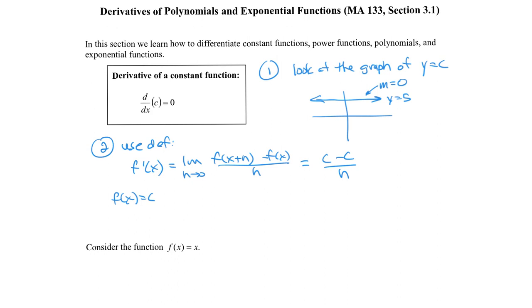Oh my gosh, look at this. I forgot, this is a limit. We need a limit here, right? And this is equal to the limit as h approaches 0. Well, c minus c is just 0 over h. 0 over h is just 0. So you have the limit as h approaches 0 of 0, which is just 0. So either way we go, the derivative of a constant is always just going to be 0.